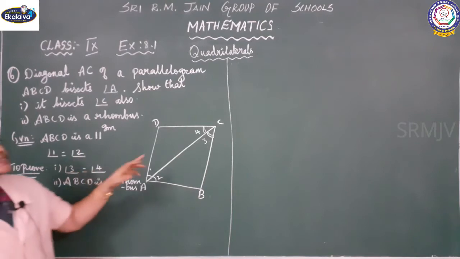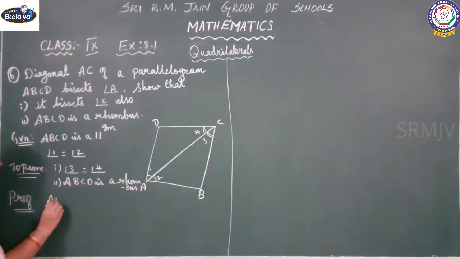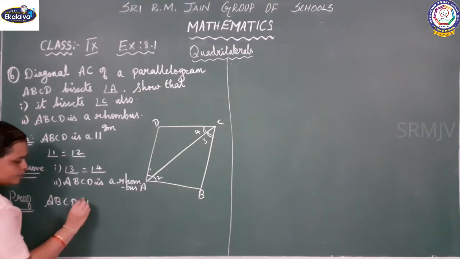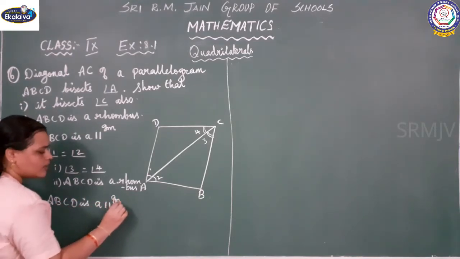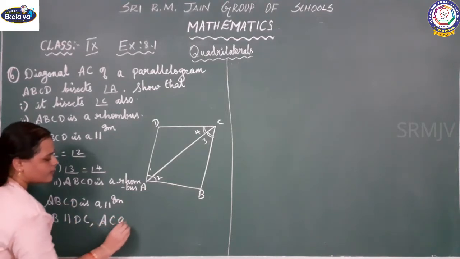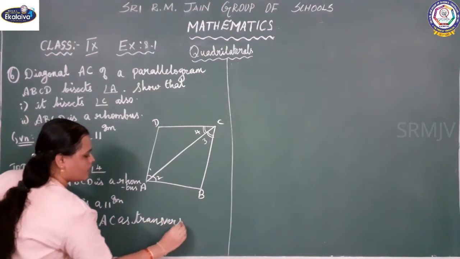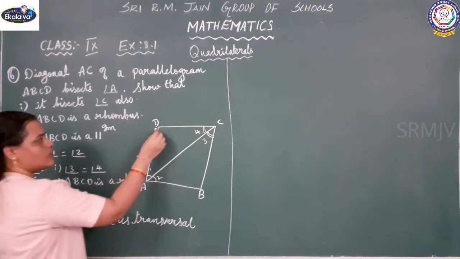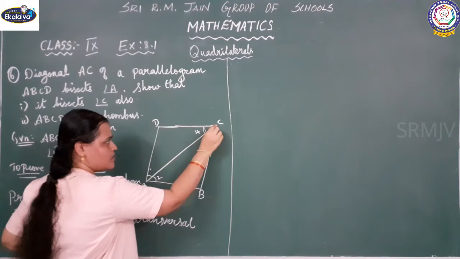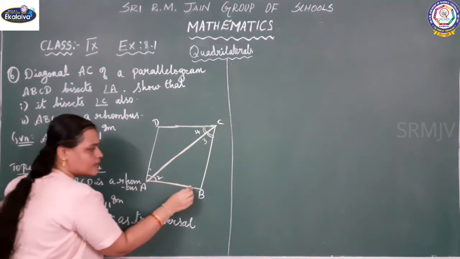Before that, first let us prove these two angles are equal. Since ABCD is a parallelogram, we know that these two sides are parallel, right? So AB is parallel to DC, and I am going to consider AC as the transversal. Just look at the diagram: DC, and this CA is the transversal, and AB is parallel.